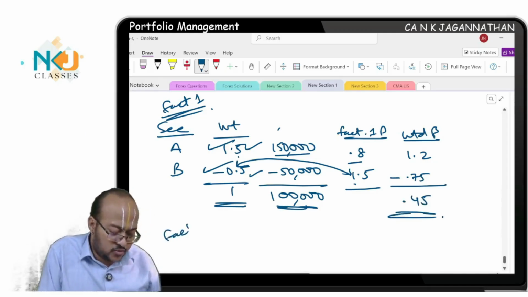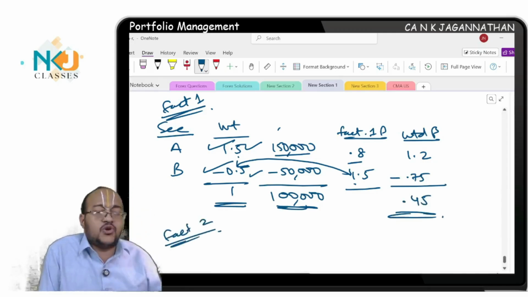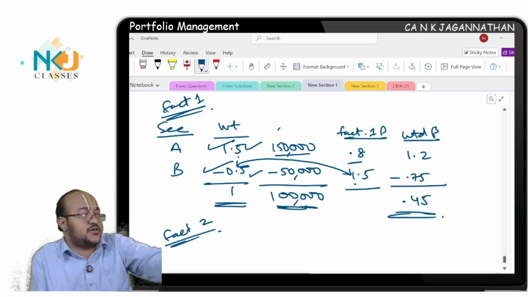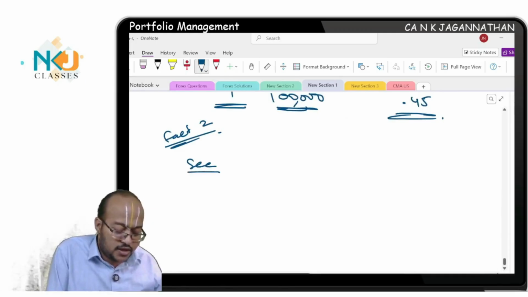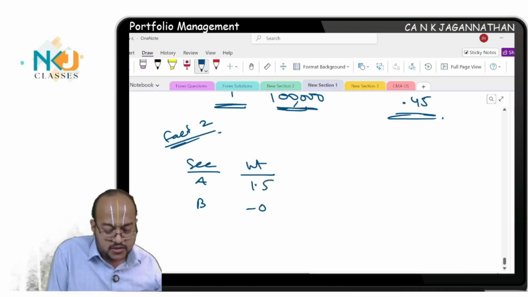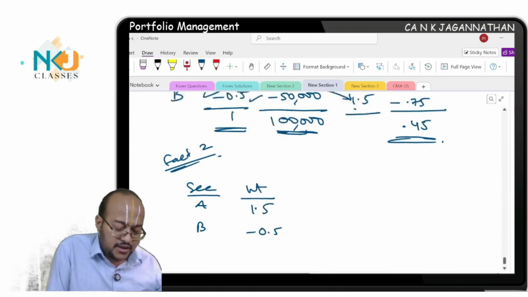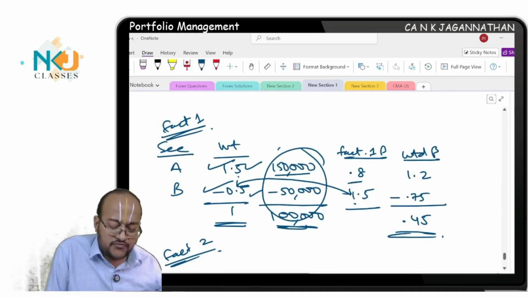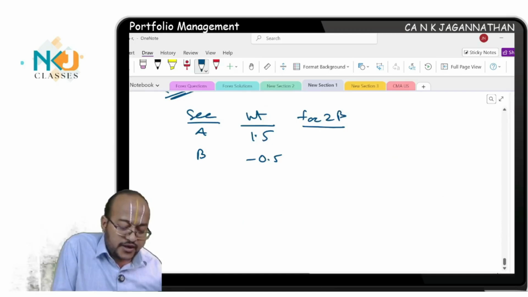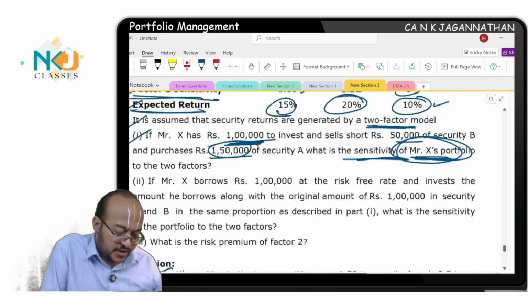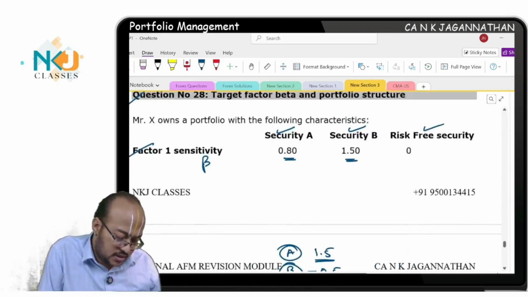Now factor 2. For factor 2, in the same way, I am presenting in a tabular manner. The institute has presented it straight away. This way you will not get confused. That's why I am presenting. Security A and B again. Weight, same, 1.5 and minus 0.5. Factor 2 beta is to be considered here. What is the factor 2 beta given in the question? Please see.